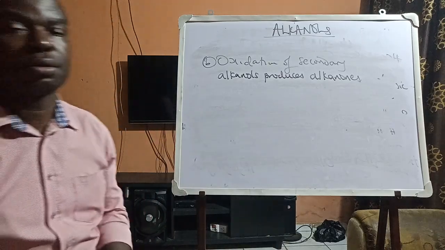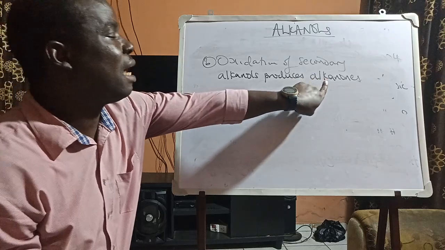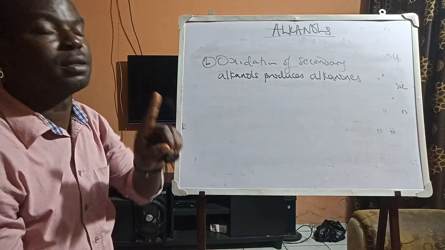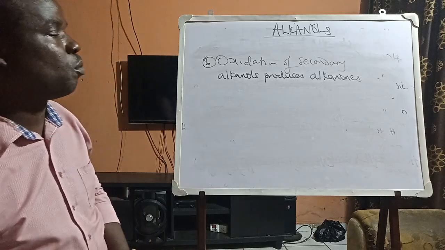Now have a look at this. Oxidation of secondary alkanols produces alkanones. Okay. Now let me give you the formula.